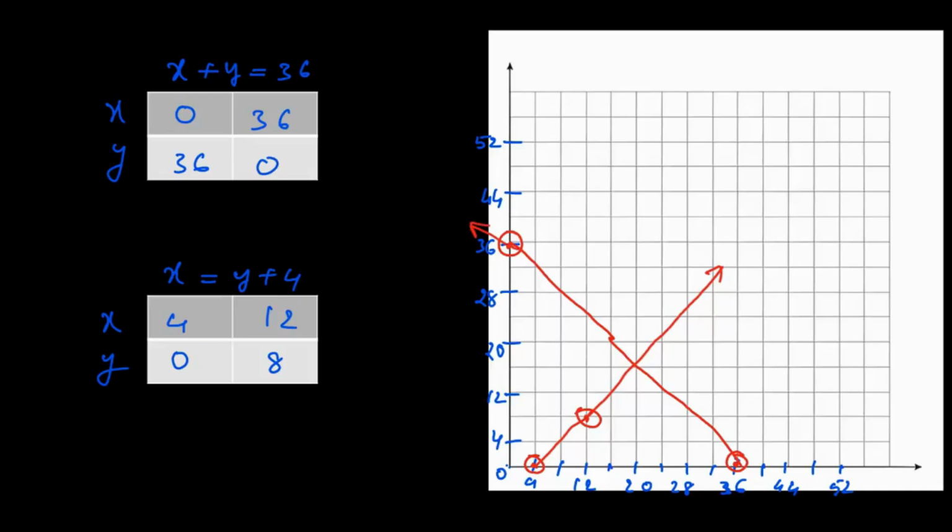Exactly. You will get a point somewhere here. So let's point out. This is 0, 36. And this is 36, 0. Now 12, 8. This is 4, 0.